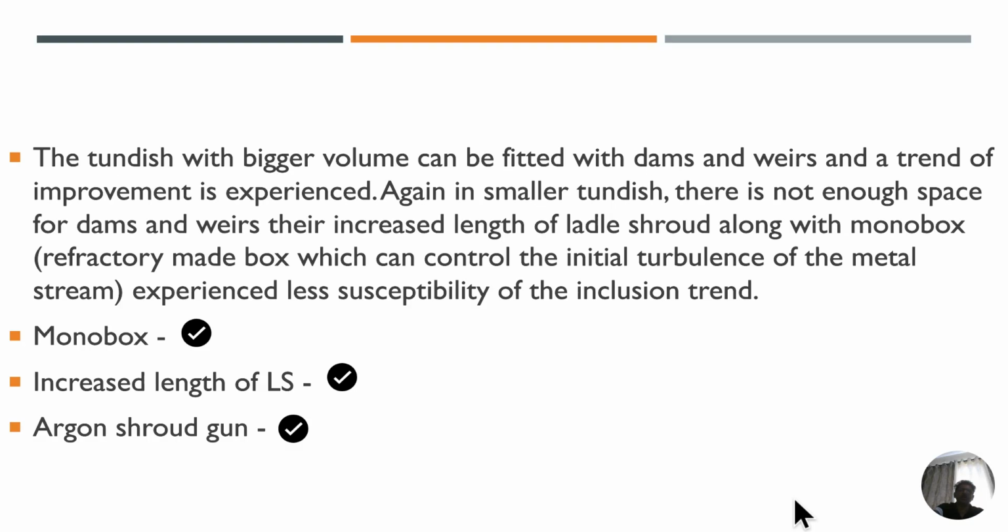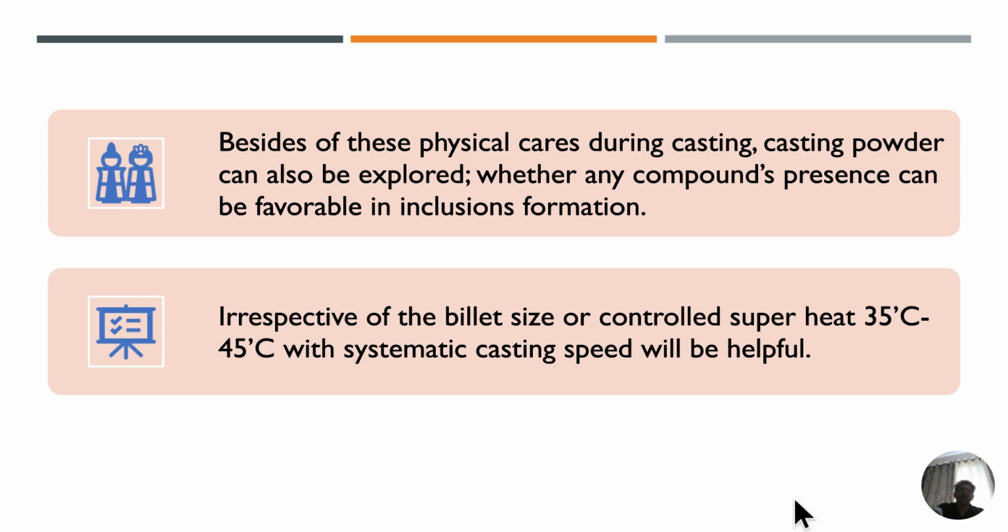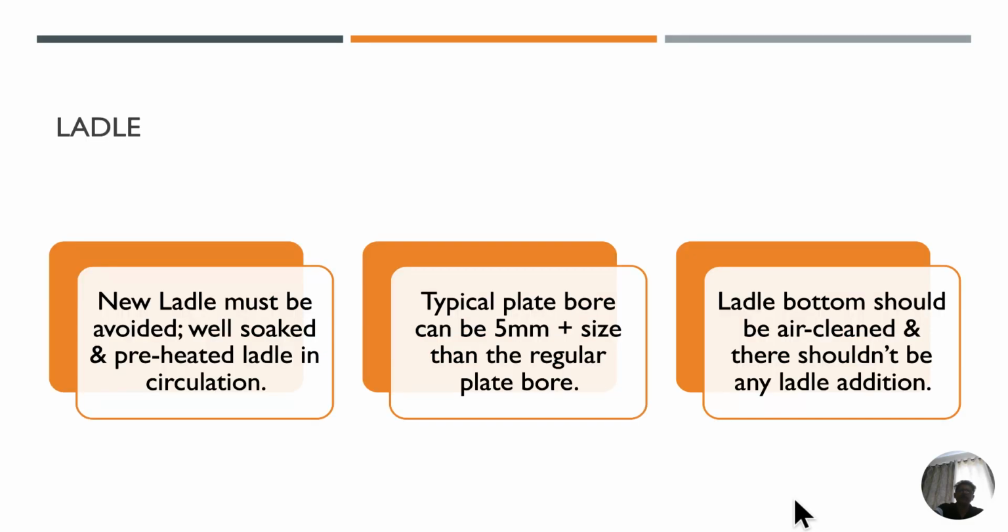Monobox, increased length of ladle shroud, argon shroud. Besides these physical cares, during casting, the casting powder can also be explored for whether any compound's presence can be favorable in inclusion formation. Irrespective of the billet size, a controlled superheat of 35 degrees C to 45 degrees C with systematic casting speed will be helpful.